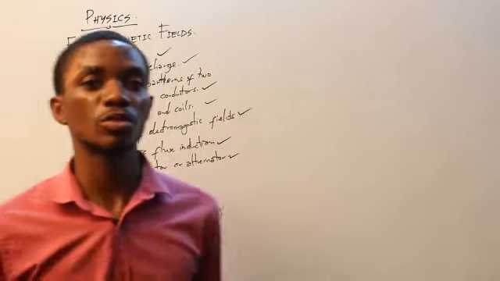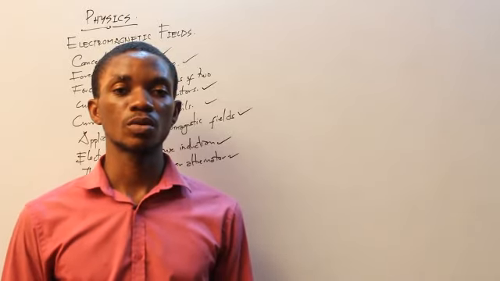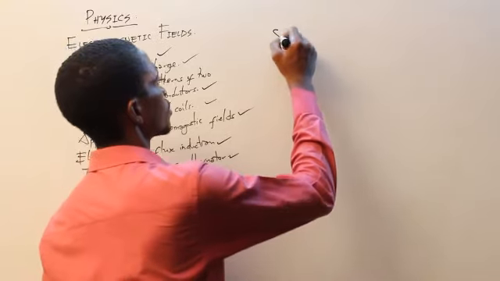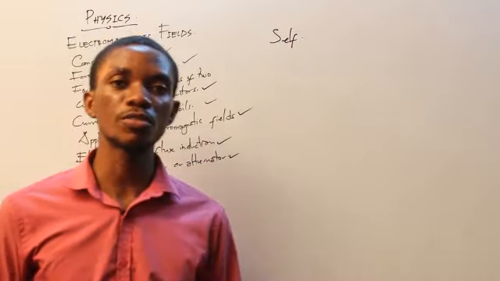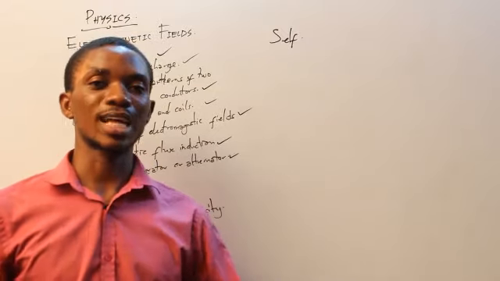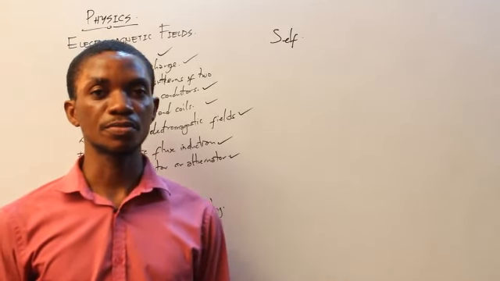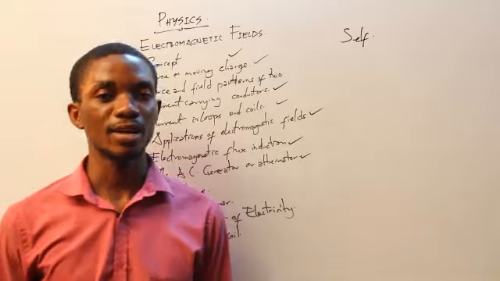We have two kinds of induction: self-induction and mutual induction. In self-induction, a coil starts to produce the EMF by itself, not being affected by another coil.